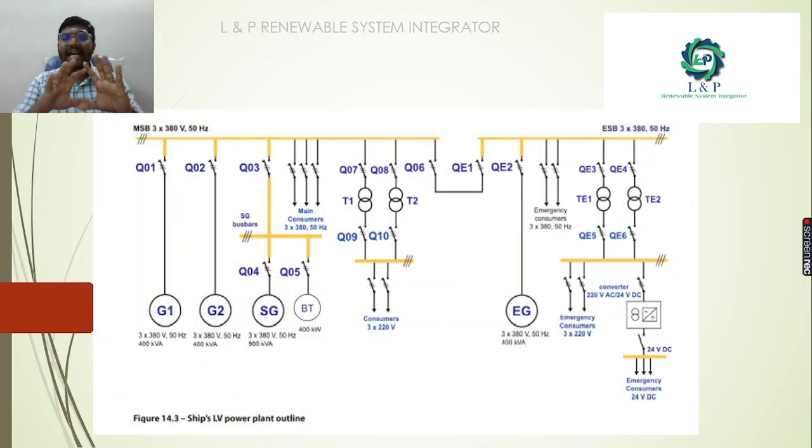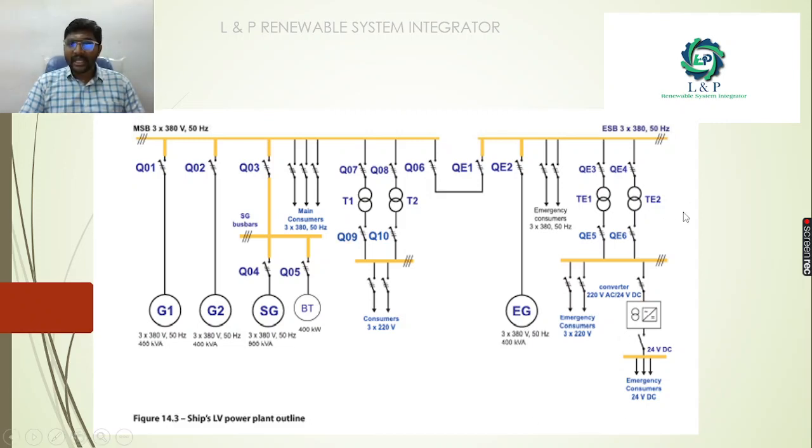Okay, this is a simple layout of how a low voltage power plant outline looks like. As you can see, we have a main switchboard and an emergency switchboard. In between, for the consumers to use a 220 volt supply. Even during emergency time, the consumers need to use the 220 volt, right?